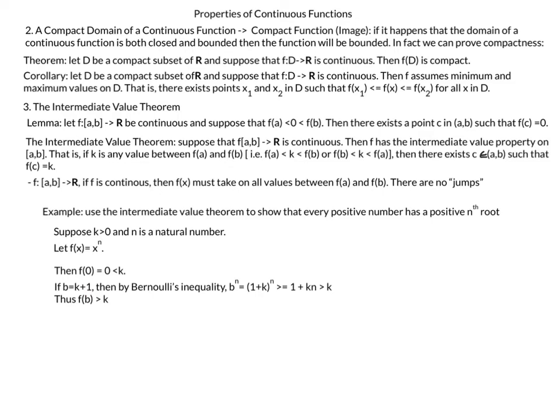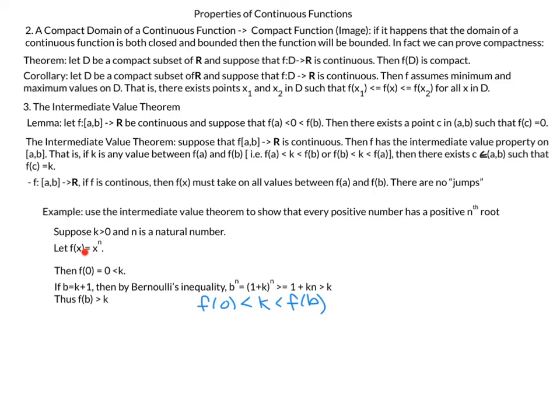And by Bernoulli's inequality, which I didn't remember or know, but here it is, b to the n is equal to, since b is equal to k plus 1, it's equal to 1 plus k to the n, which is greater than or equal to 1 plus k times n, which is greater than k. Thus we have b to the n, which is f of b, is greater than k.